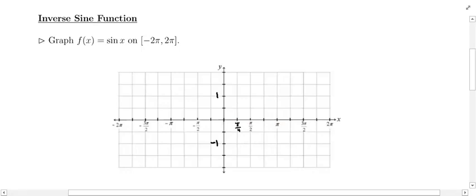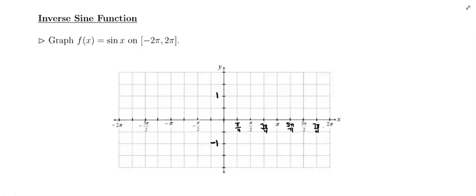This is going to be 2 pi over 4, which reduces to pi over 2. This is going to be 3 pi over 4. This is going to be 4 pi over 4, which reduces to pi. This is going to be 5 pi over 4, 6 pi over 4, which reduces to 3 pi over 2, 7 pi over 4, and then 8 pi over 4, which reduces to 2 pi. So these are the multiples of pi over 4.